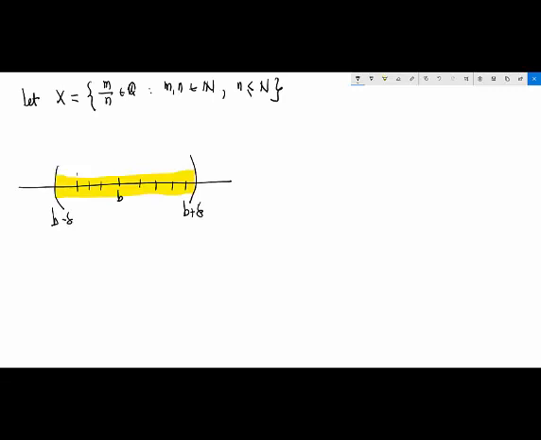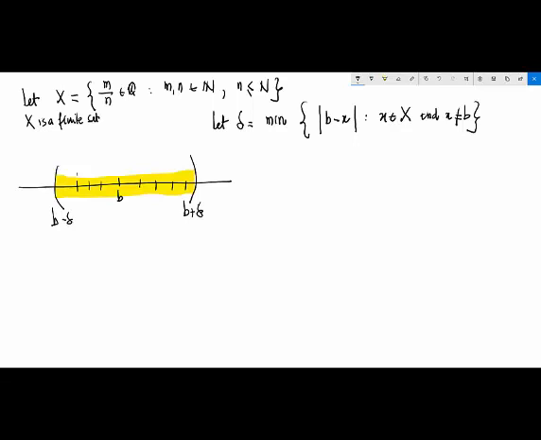Now I will let delta be the minimum of the following: the set of all absolute values of the type b minus little x, such that little x is in the set big X. We already know that X is a finite set, and we don't want x to be equal to b.